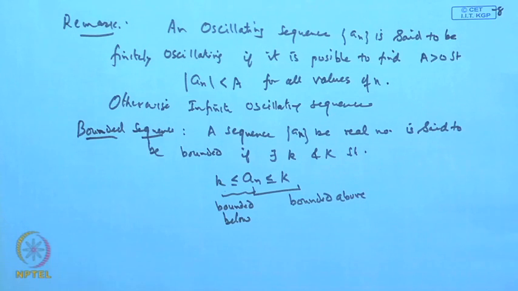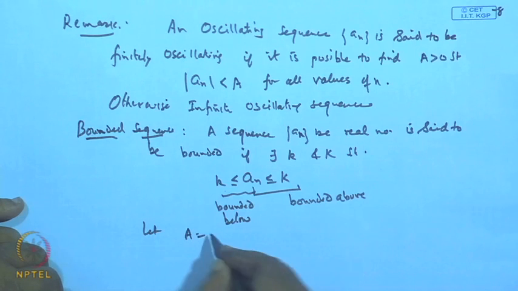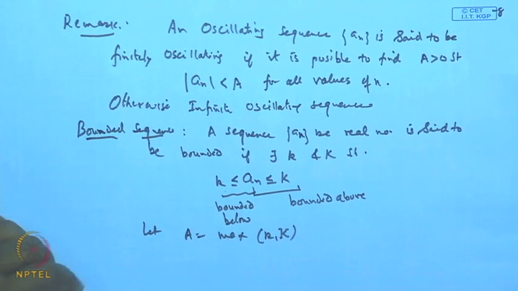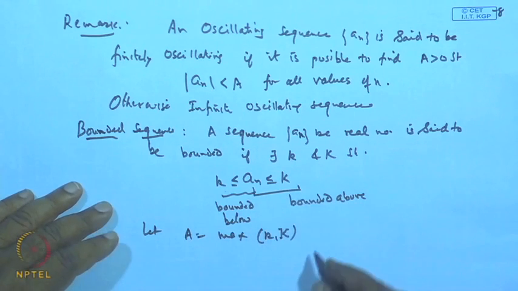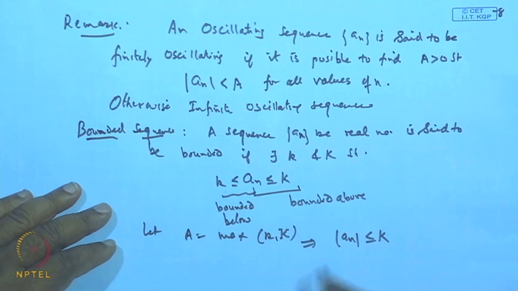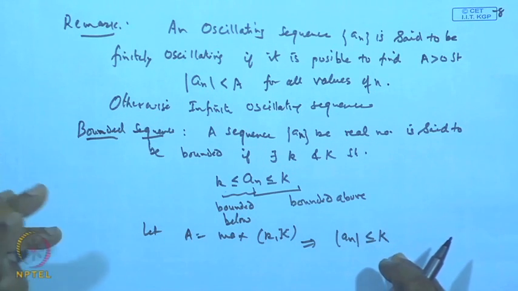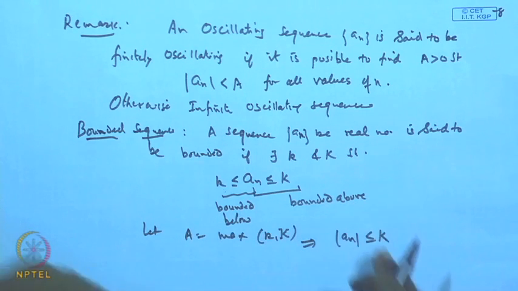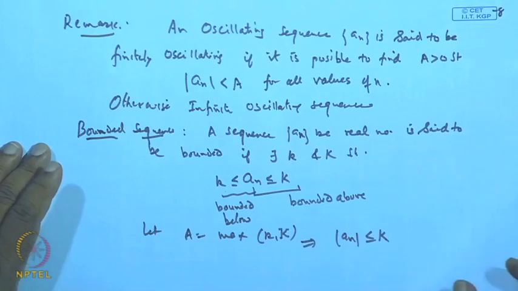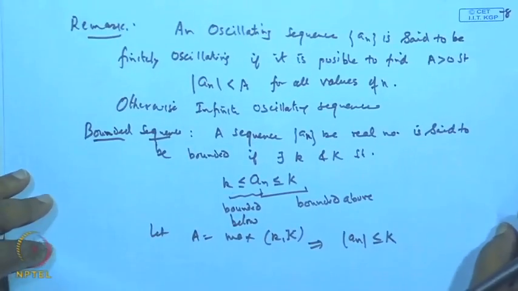And if we combine both of these, let capital A be the maximum of the moduli of k and capital K. Then in that case, mod of a n is less than or equal to A. Then we say this sequence is bounded. So, bounded below, bounded above and bounded, like this.